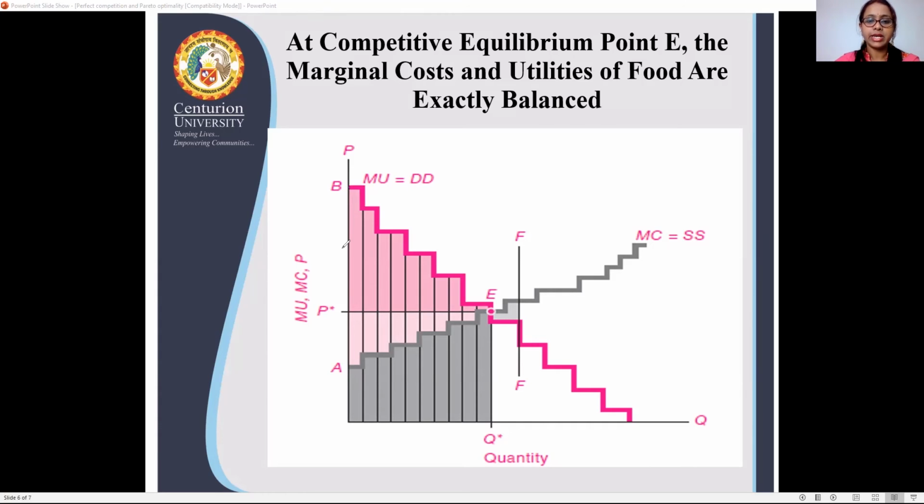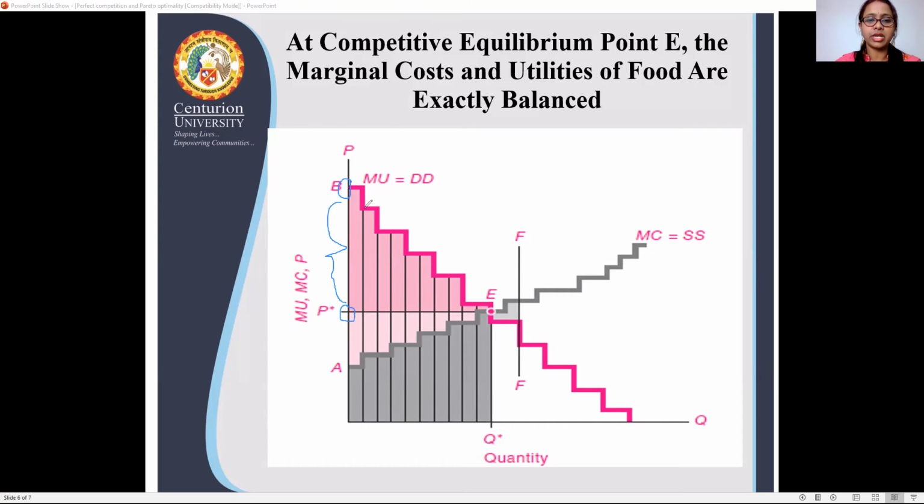The consumer is willing to pay OB price, but is actually paying price P, the equilibrium price. So this difference between B and P is the amount of consumer surplus for this point.